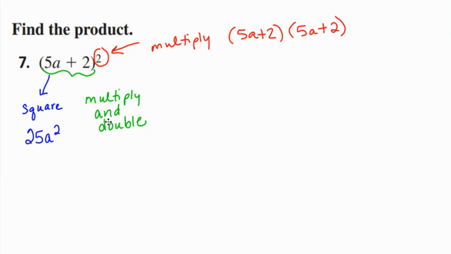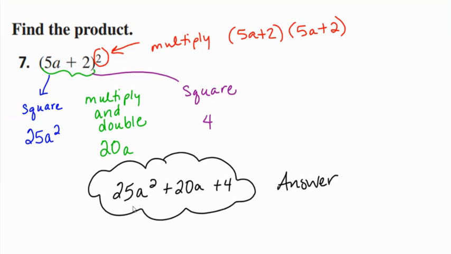Multiply and double, so 5a and 2, you multiply those to get 10a, you double that, and you get 20a. And then square the last term, which is just 4. So your answer is just 25a squared plus 20a plus 4. Neat trick, isn't it?